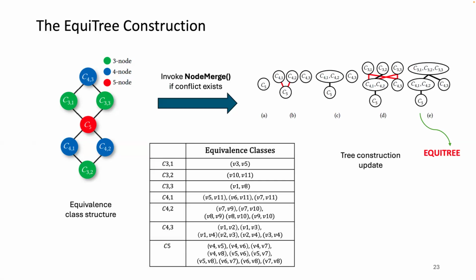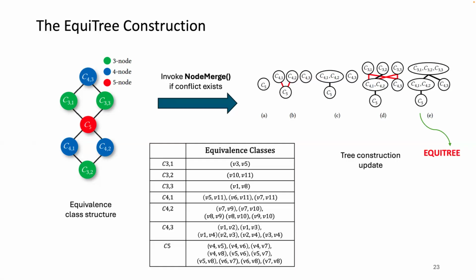Also, there's going to be a conflict here, right? So because of that conflict, it's going to merge. Those three are going to merge and also form a connection with C4, C42 and C43. We can see that forms a tree. So that's why this edge can merge into the tree edge.